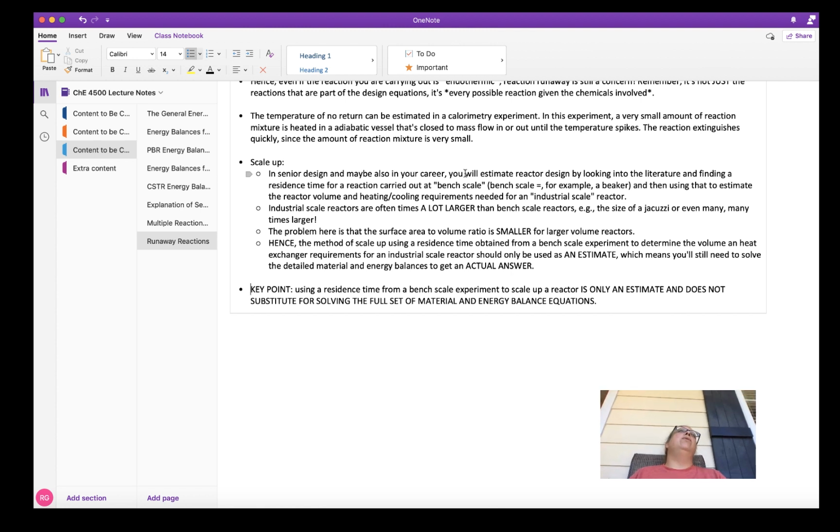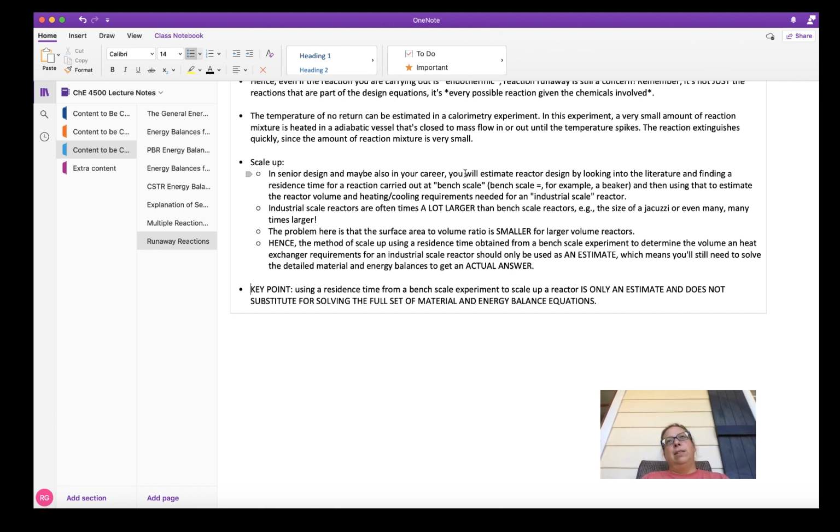So when you take senior design, and maybe even in your career, one of the things you'll do is look into the literature and find people who have carried out the reaction that you want to carry out in a laboratory experiment. These people will usually have used a bench scale batch reactor to carry out their chemistry and to learn something about the chemistry. And sometimes they'll give you an estimate of a residence time for that reaction.